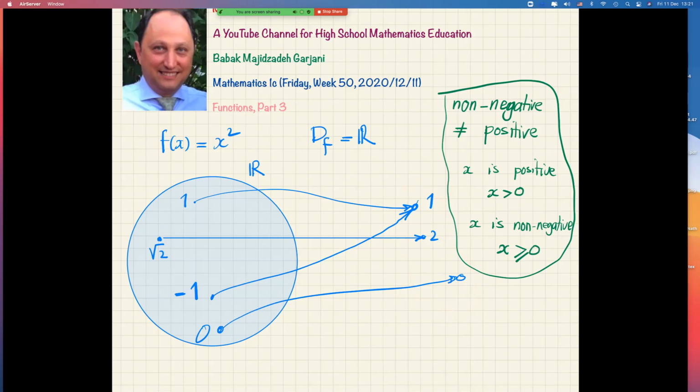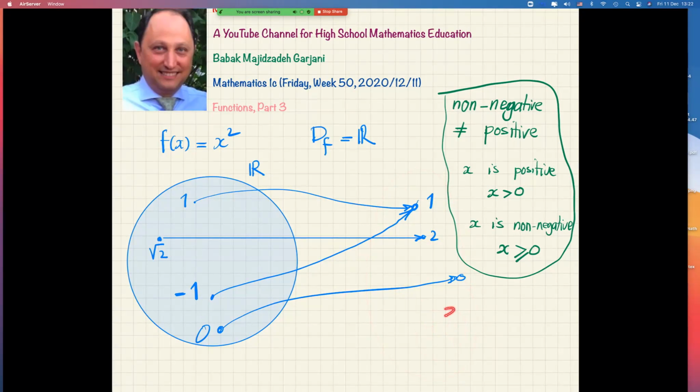I want to make sure that every other number can be found here. For example, can you tell me, is 4 in my collection? Yes. Which one is being assigned to 4 from the left-hand side? 2. Exactly. So 4 is there.